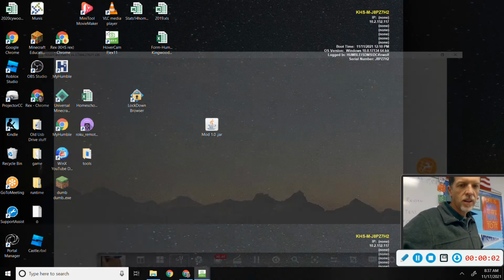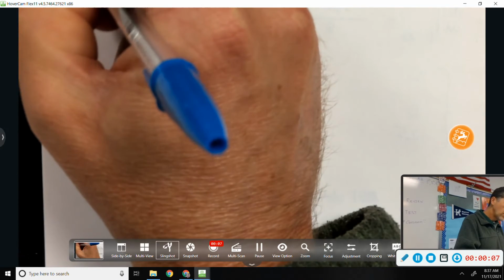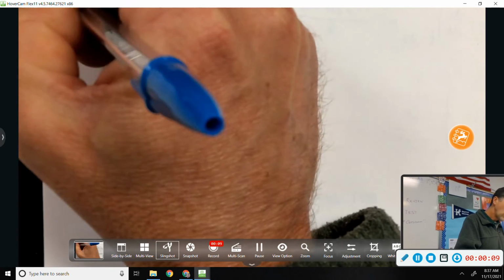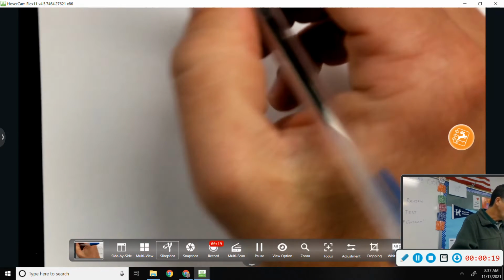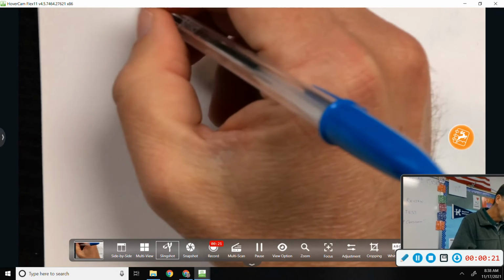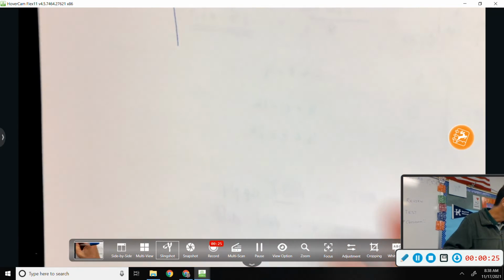So looking at number 10 on the vertical motion worksheet. A man standing on a bridge throws a rock upward. Okay, well, it's on the bridge.